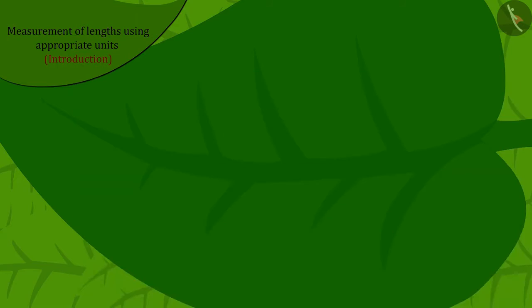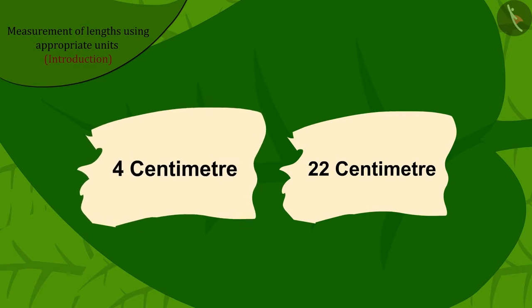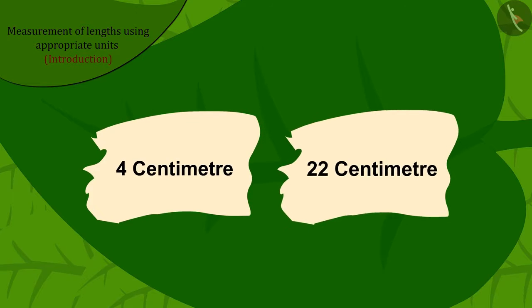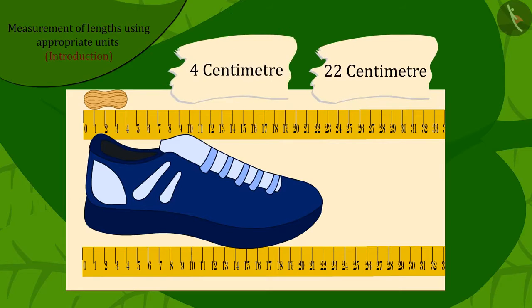Now Chanda found these 2 pieces of paper on which 4 centimeter and 22 centimeter were written. Now, can you match the length of the remaining 2 objects with their correct lengths? You can find the answer by pausing the video.